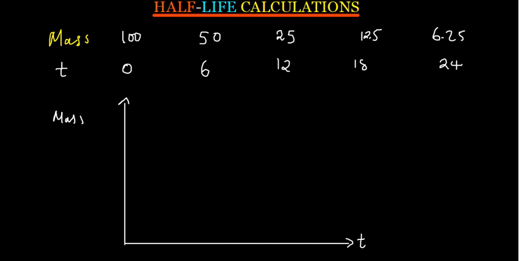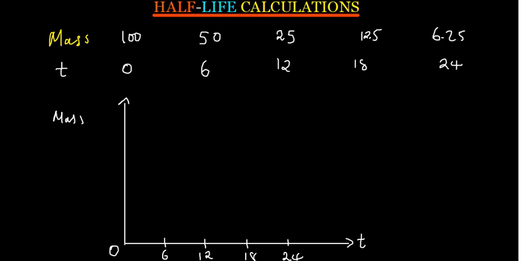For time, the smallest we have is 0, the next is 6, then 12, then 18, then 24.